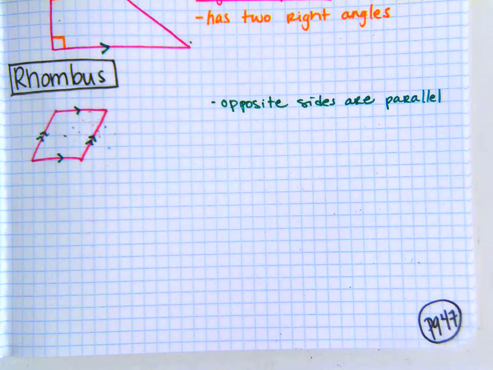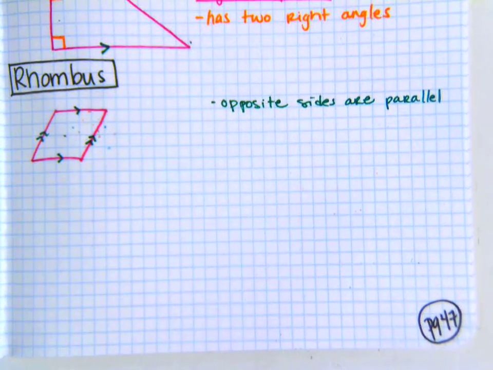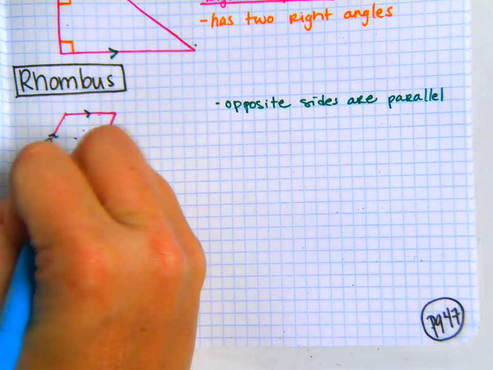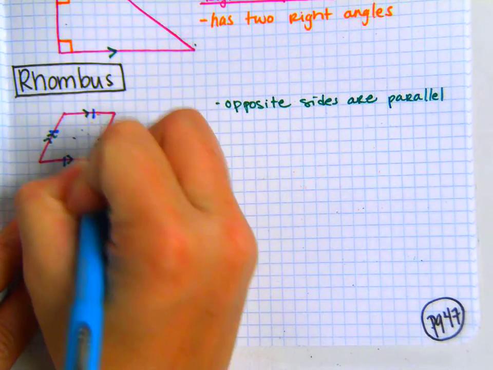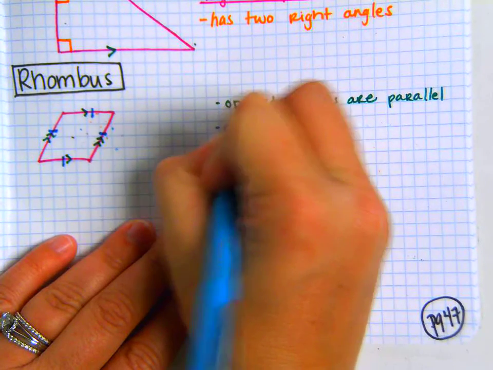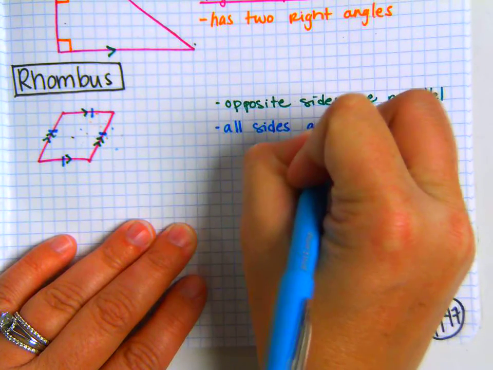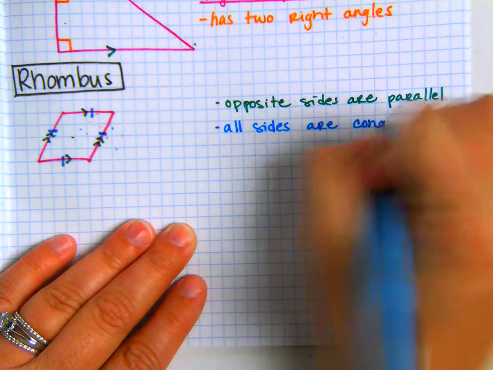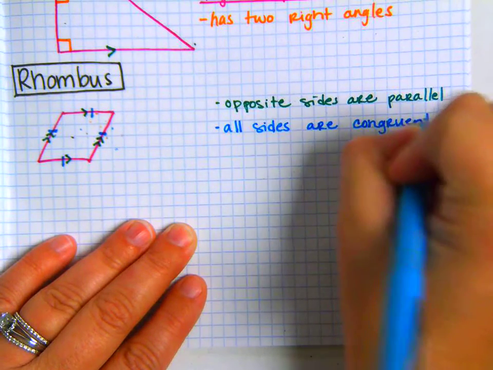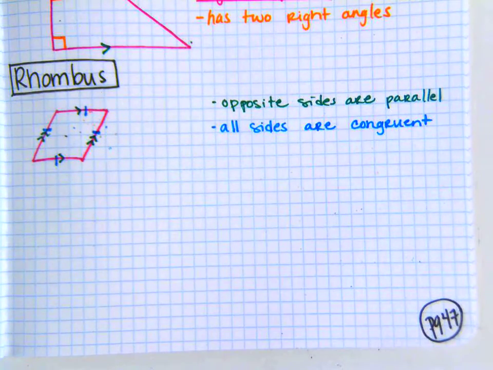But what makes this special and not a parallelogram is that all sides are congruent. So that's what makes it different from a parallelogram, where opposite sides are congruent. In the rhombus, all sides are congruent.